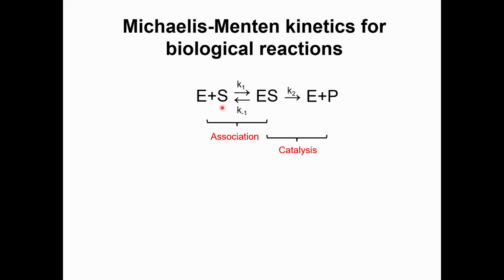But then this can also dissociate, and that's K minus 1, okay? Once the enzyme-substrate complex is formed, there is another rate at which that substrate is then catalyzed and changed into the products, okay? So there's a two-step thing going on, whereas a drug binding a receptor is only a one-step thing, okay? So that's a little bit different.